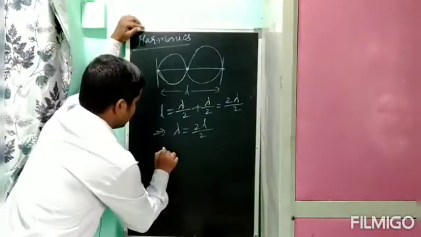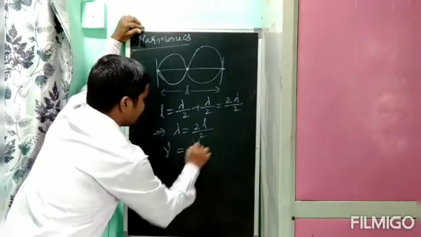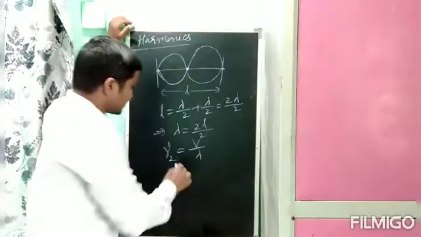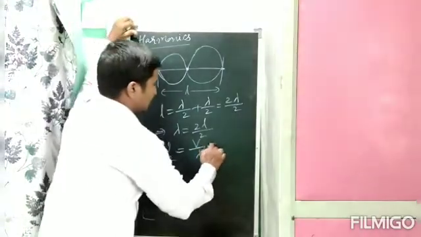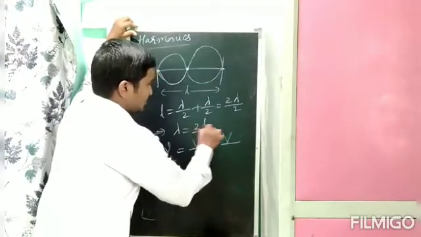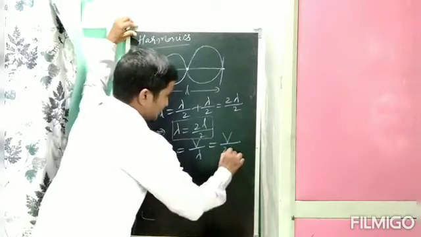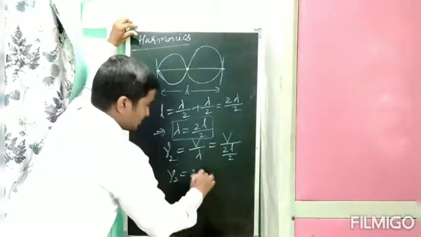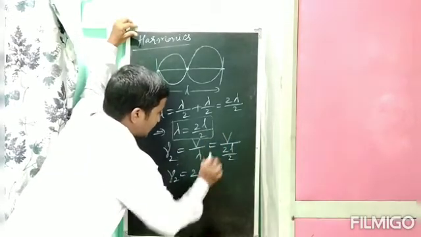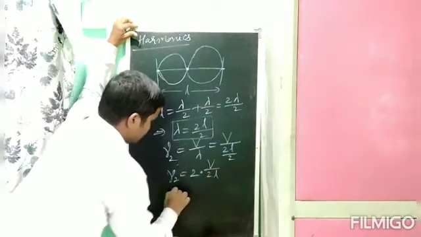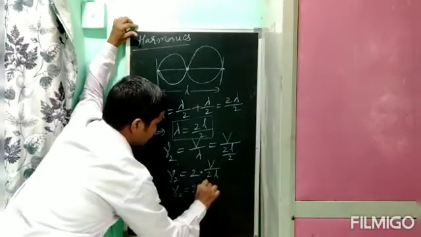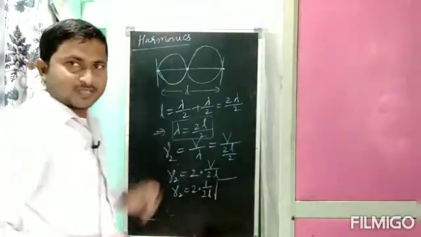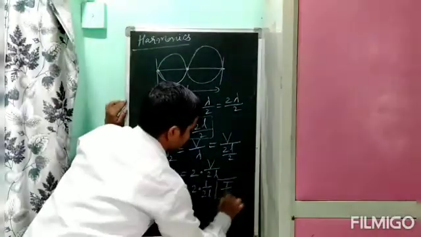Now we have the frequency nu equals v by lambda, and the first overtone frequency, the second harmonic frequency, is given by nu2 equals v by lambda. Here lambda is 2L by 2, so nu2 equals 2 into v by 2L, that is 2 into 1 by 2L root of T by mu, where v is the speed of the transverse wave, root of T by mu.